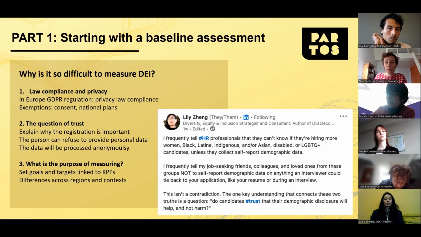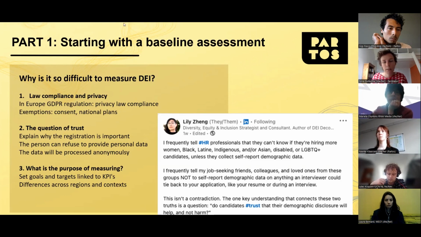And the third part is that mostly organizations which want to measure data do not actually know the purpose of measuring. And I think we are here in this workshop to understand why we should measure diversity, equity, and inclusion. And that depends a lot on your organization and the purpose of your DEI strategy.